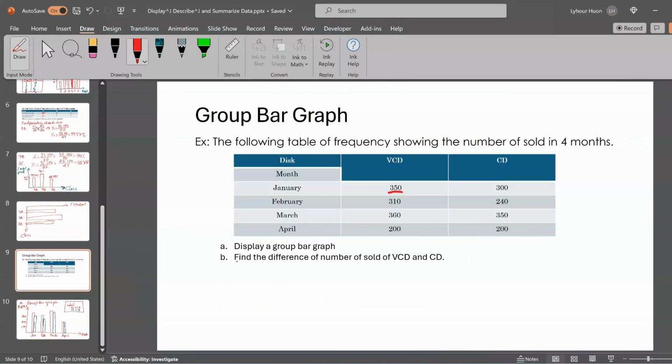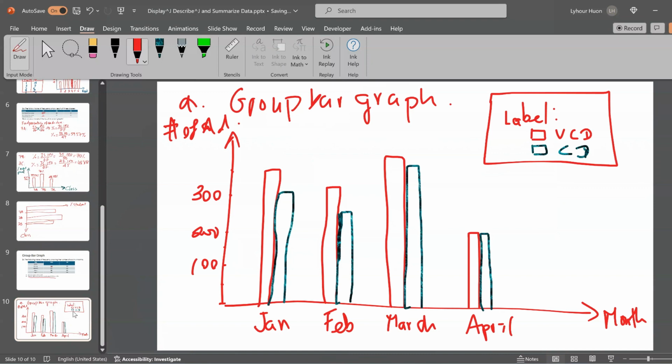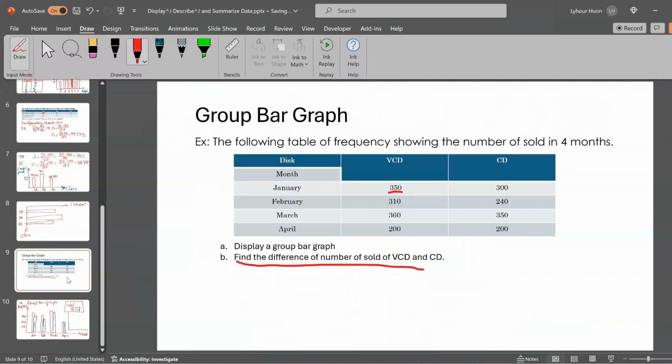Then for B, they ask to find the difference of the number sold of CD and VCD. For January, it's 350 and 300. So for the number sold we just subtract each month. This is 50.